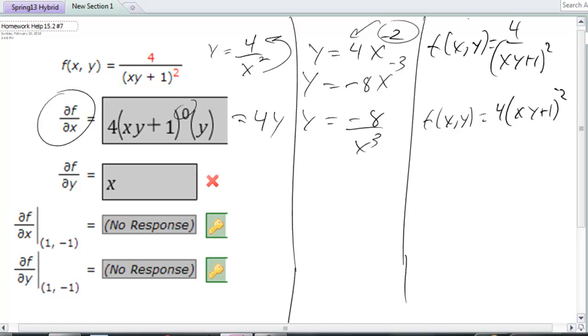We still have the power rule, we still have the negative 2 here, so we'll go ahead and bring that out to the front. And the derivative with respect to x, we'll change it into the new notation, the partial derivative notation. So it's the partial of f with respect to x is equal to negative 8 times xy plus 1 raised to the negative third, just like over there.